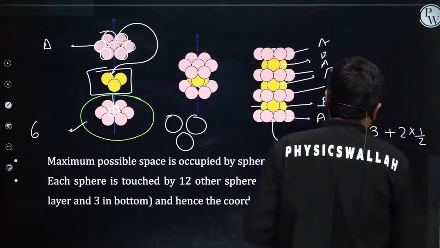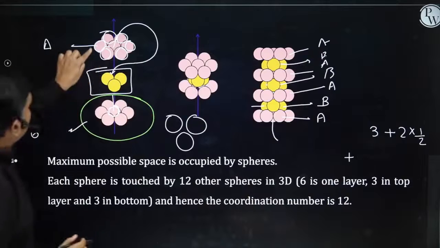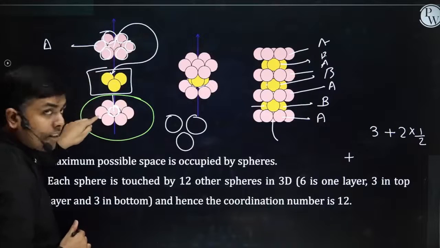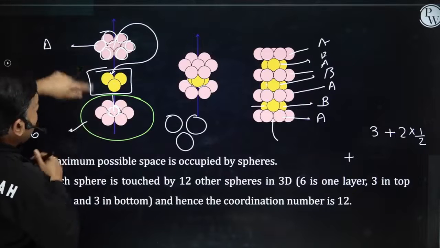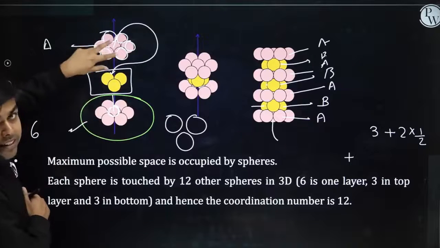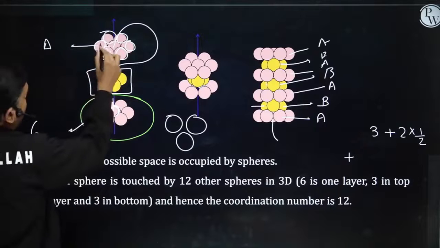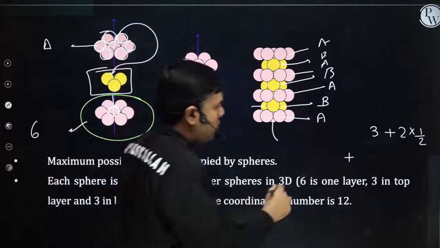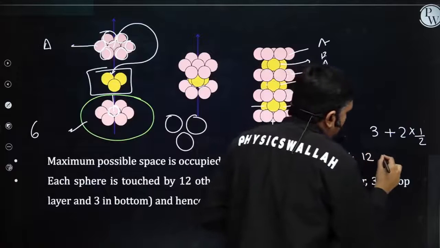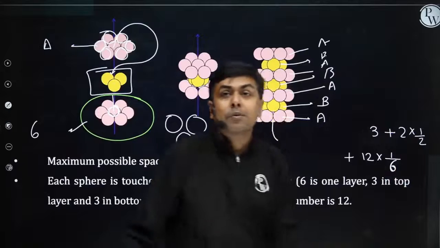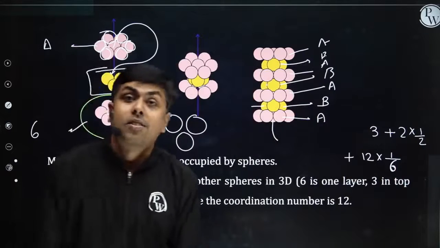Plus 6 spheres surrounding these central spheres. So 6 from here and 6 from layer A, the top layer and the bottom layer. Both these layers have 6 spheres, and the contribution of each sphere will be how much? 12 into 1 by 6. Each atom will be shared by 6 unit cells.